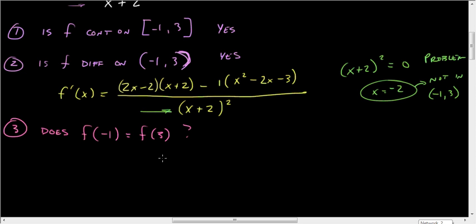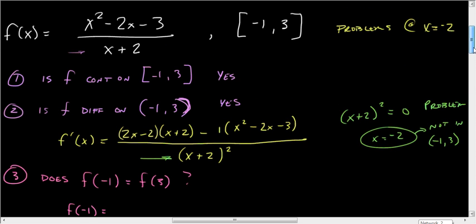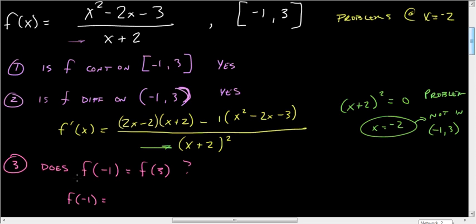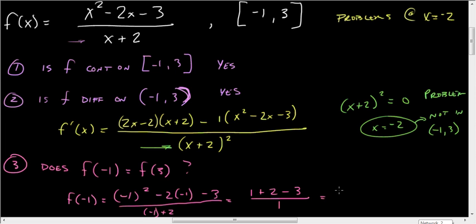Well, let's find out. f of -1 is equal to, if we look at the original problem, -1 squared minus 2 times -1 minus 3 all over -1 plus 2. This is 1 plus 2 minus 3 all over 1, which is 0 over 1, which is 0.